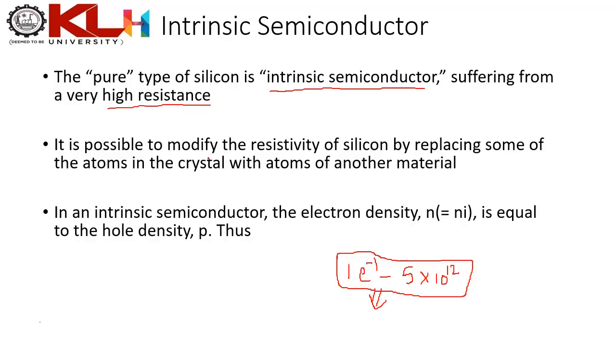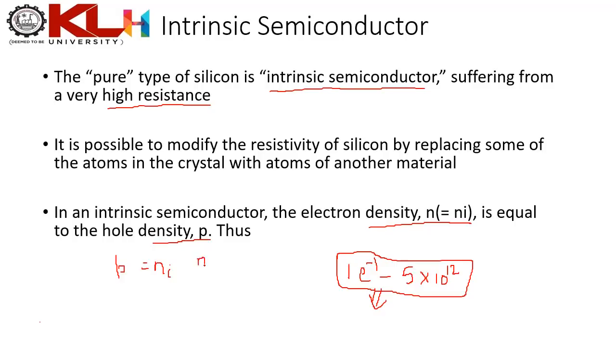Okay, so it is possible to modify the resistivity of silicon by adding some other materials. Before going to that, let us see a simple relation. Suppose in an intrinsic semiconductor, that is the pure type of silicon, the electron density n is equal to ni. We also know that the hole density p is also equal to ni, because a hole is generated only when an electron is generated.